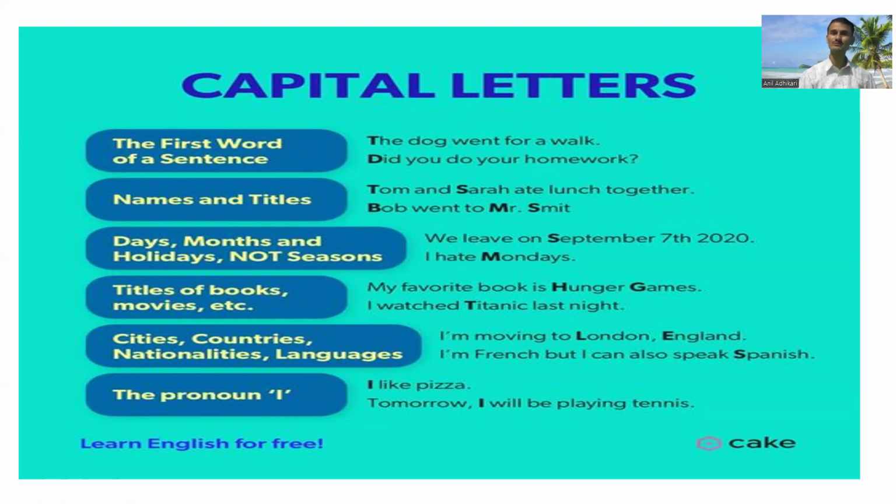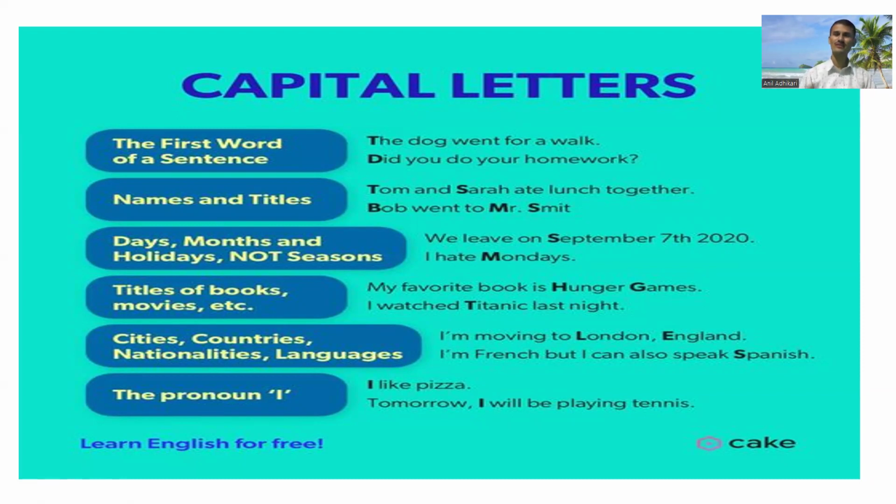Mr. M, Smith S, Bob B. All these bold letters are in capital form because they are names and titles. And students, please don't forget to write capital letters in names and titles.